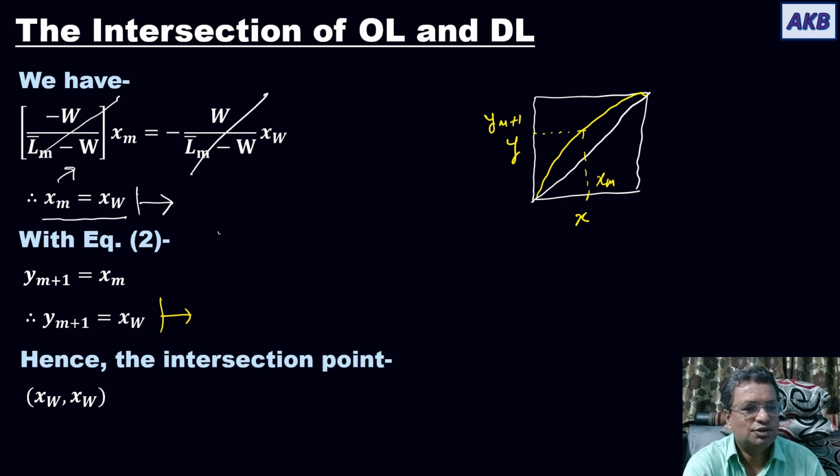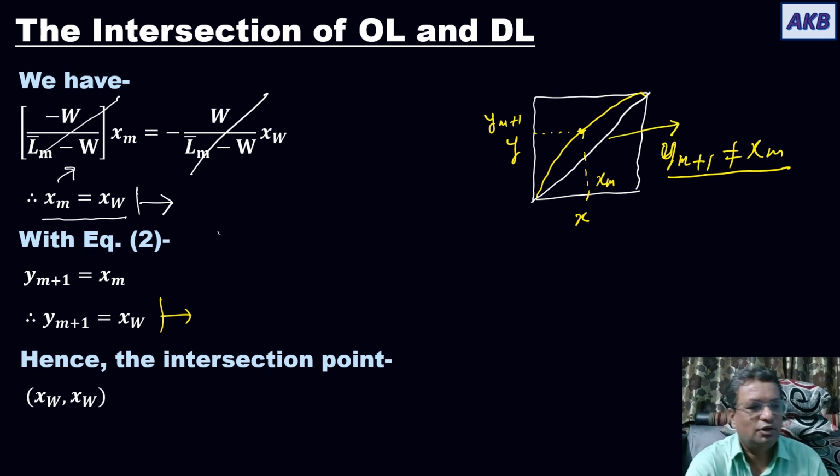Are you understanding it? So when you are on the equilibrium curve, if you just go to this diagram, ym plus 1 is not equal to xl. But when you are on the diagonal line, since it is making an angle of 45 degrees, it will have an equation of y is equal to x, the equation of the diagonal line.